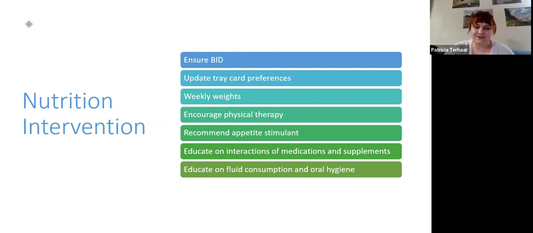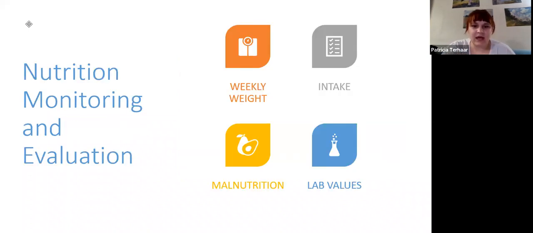For fluid consumption, talking about avoiding caffeinated drinks, and then oral hygiene is just making sure that even though you want to encourage her to eat as much as possible, there isn't food staying in the mouth and creating further problems, further dental caries for her teeth.